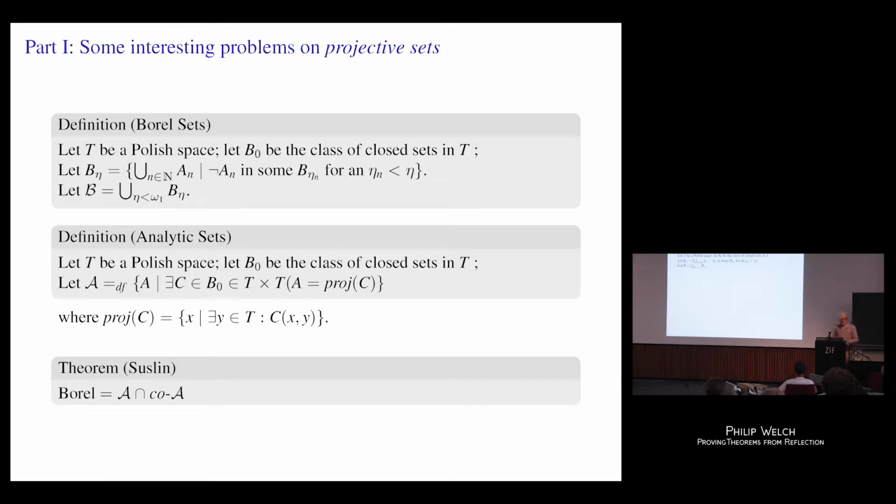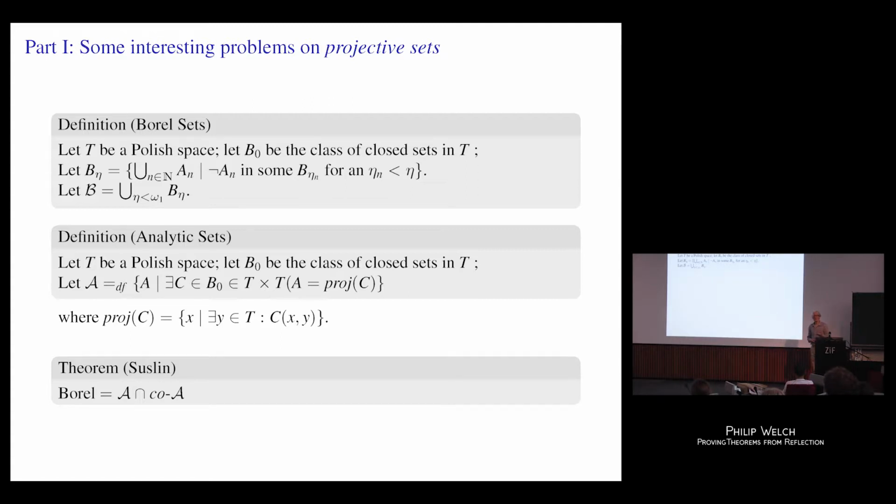So the first slide is about looking at Borel sets. This definition you may or may not have seen before. We think of Borel sets as forming a hierarchy in certain Polish spaces. A Polish space is just a complete metrizable separable space.